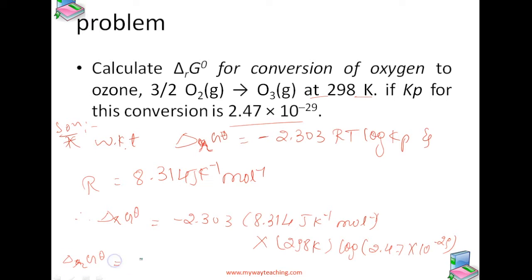After calculation, you get 163 kilojoule per mole as the answer.